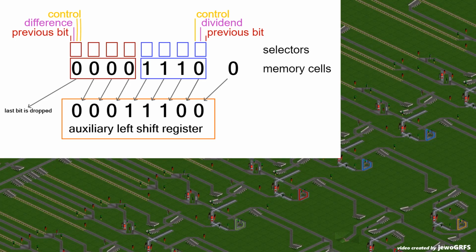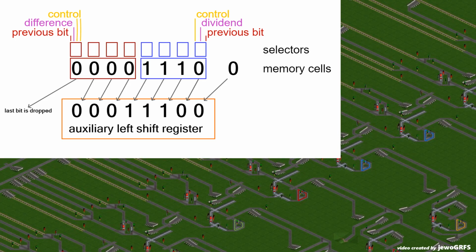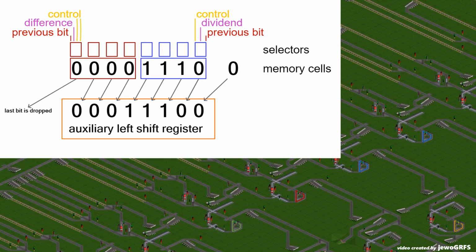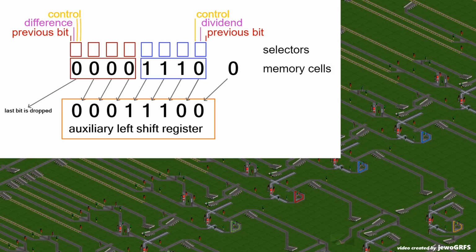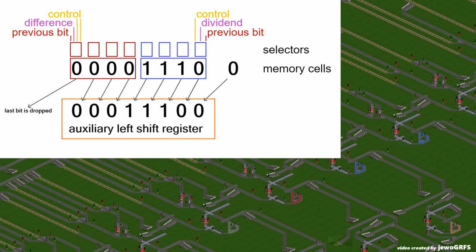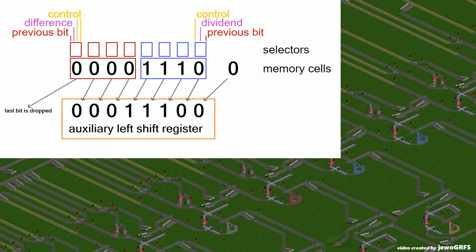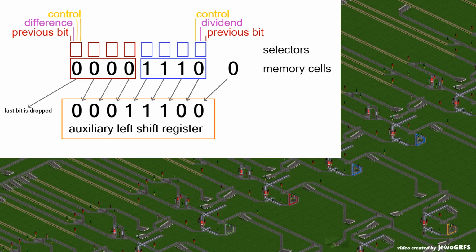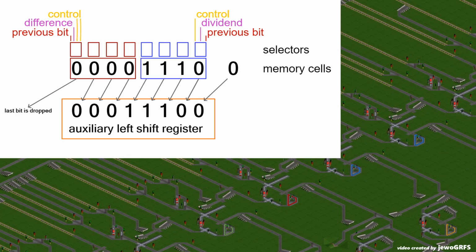So if you look at this, I call it the auxiliary left shift register. It's exactly below those 2 blue and brown registers, but they are connected differently. So for example, in the bottom register, the second bit is connected to the first bit of the blue register on the top, and the third one is connected to the second on the top.